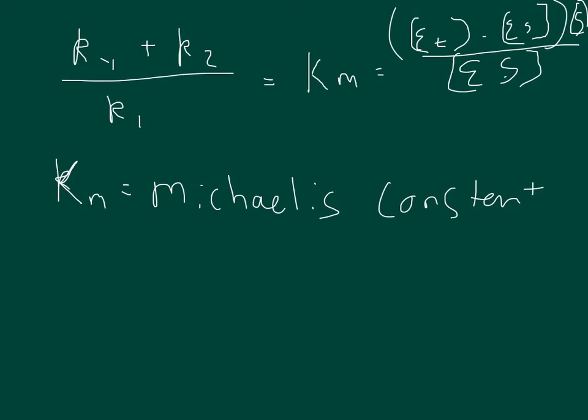So we just want to take this in terms of Km, and we're going to replace Km with this. We're going to rearrange this equation. I'm not going to write all this out, but we'd multiply by ES, and we get ES times Km. Then we would distribute the substrate, so we get ET times substrate minus ES times substrate.